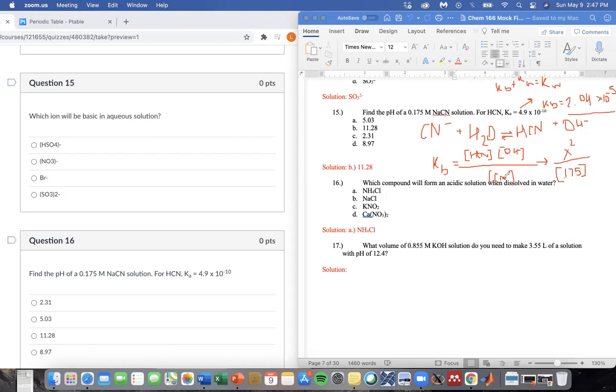To solve for the x value, we do this Kb times 0.175, and then square root it, and you'd get an x equal to 0.0019.